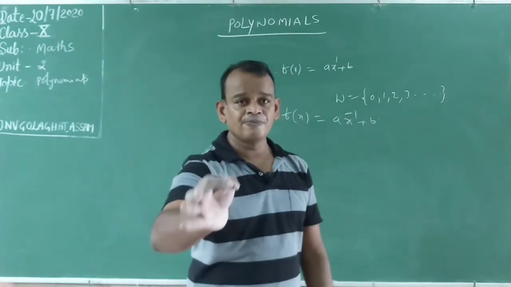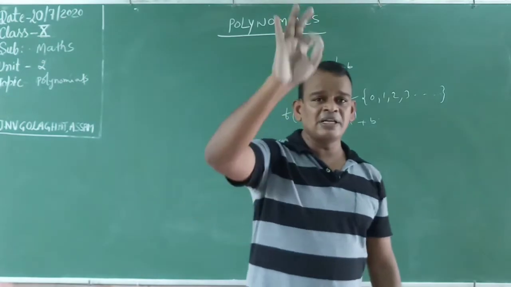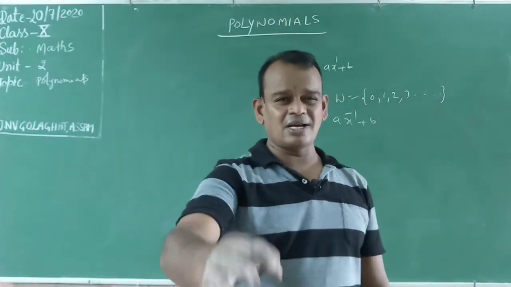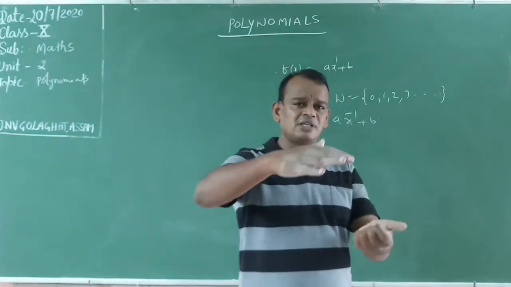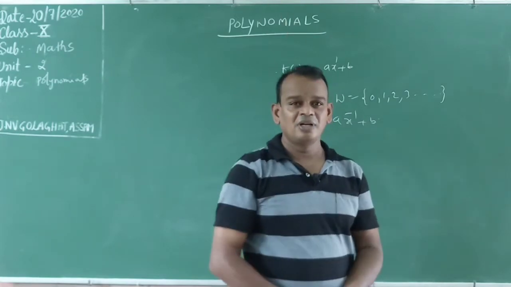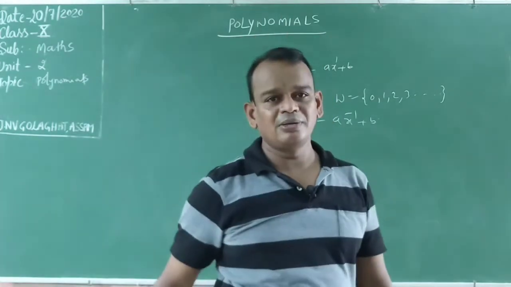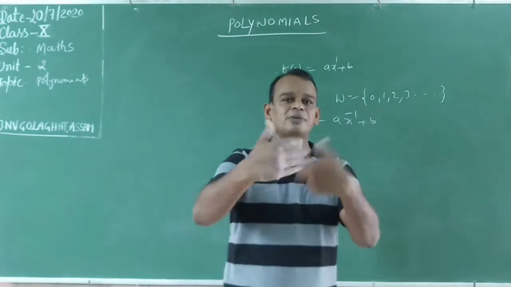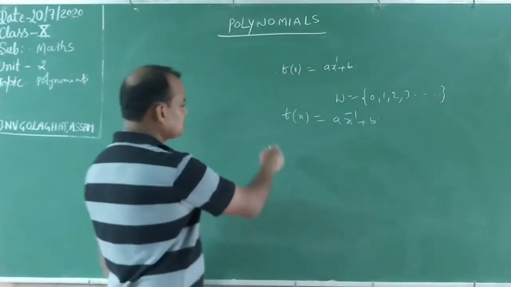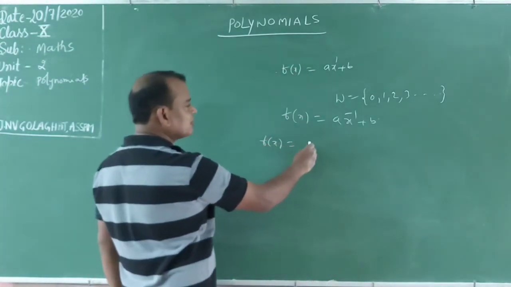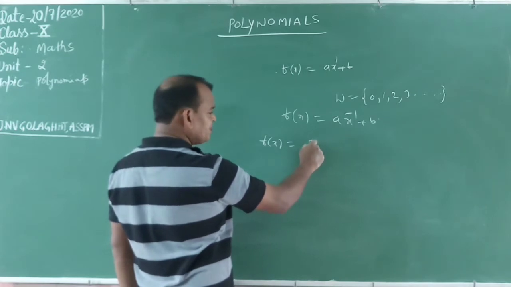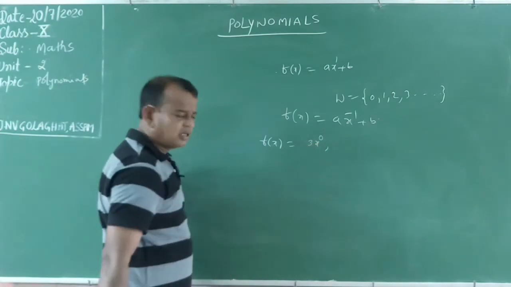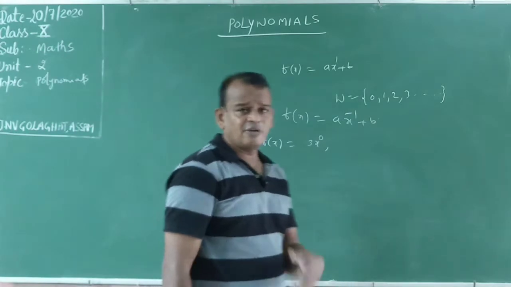Suppose the variable power is 0; in that one many powers may be there, but the highest power is 0. That is called a constant polynomial. We have discussed the types of polynomials. What are constant polynomials? For example, f(x) = 3x^0. Anything to the power 0 is 1.